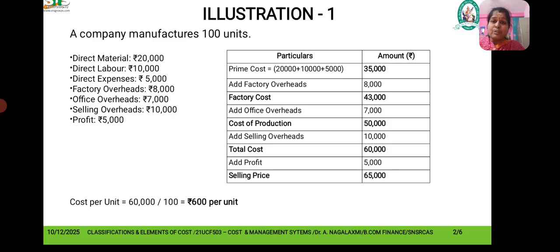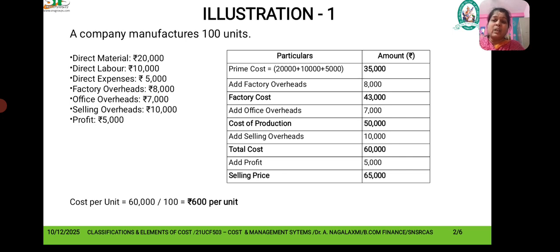Now we are supposed to find out the cost of production. In order to find out the cost of production, we have to add office overheads along with the factory cost. Office overheads are given as 7,000. When we add that 7,000 with the factory cost 43,000, we get cost of production as 50,000 rupees. Now we are supposed to find out the total cost.